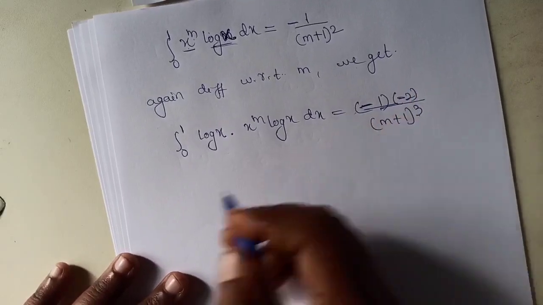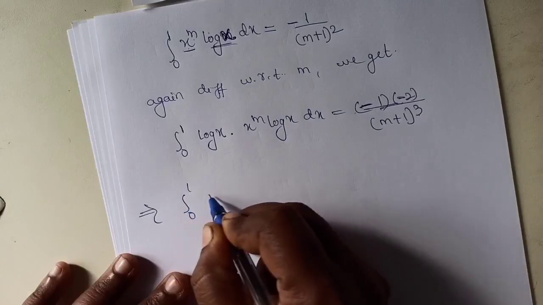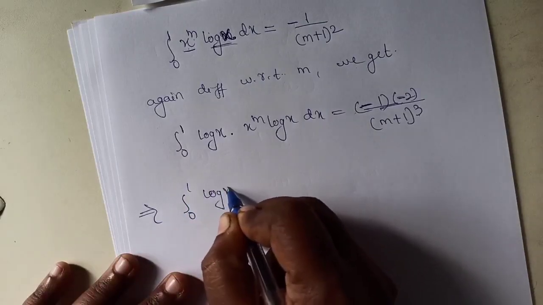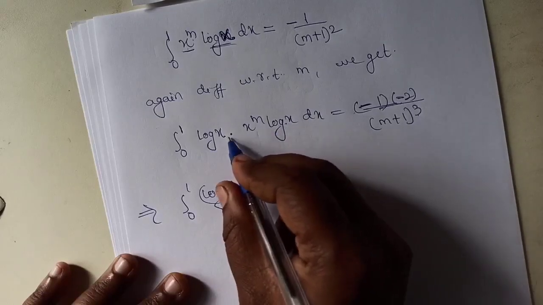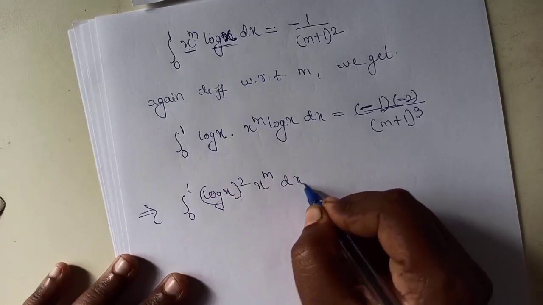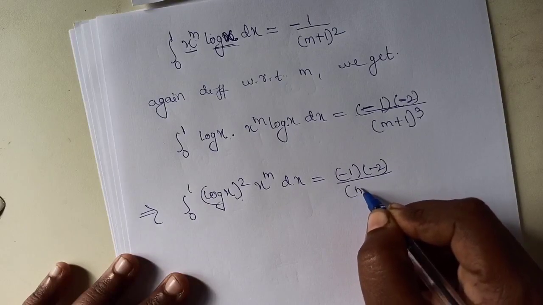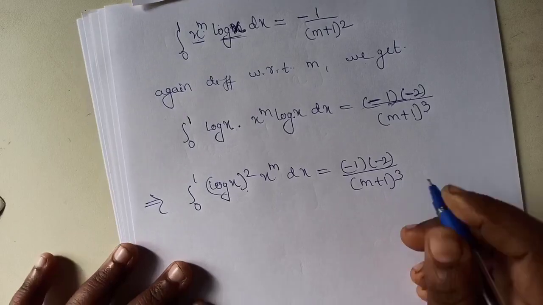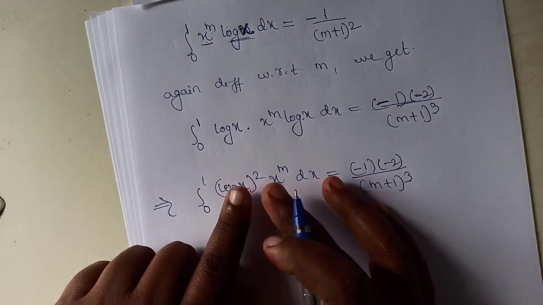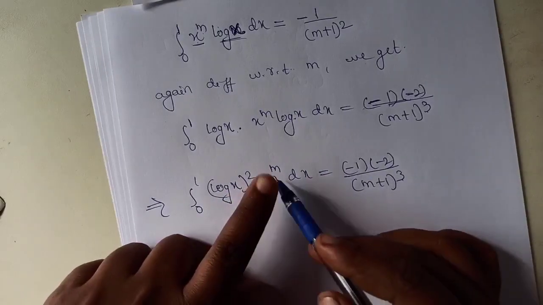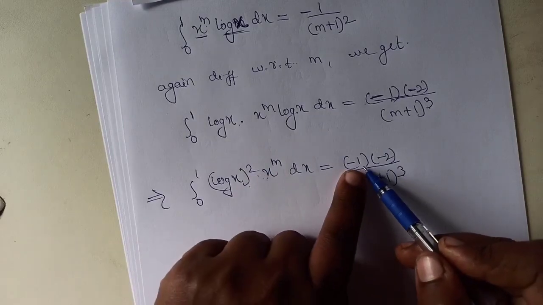So then this can be written as the integral 0 to 1 of log x square, x raised to m, into dx equals minus 1 minus 2 divided by m plus 1 cube. Now after the second differentiation we got log square and x raised to m same as in the first step. Here we got minus 1 minus 2.